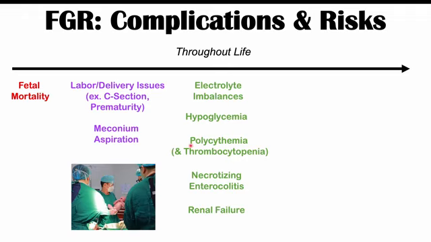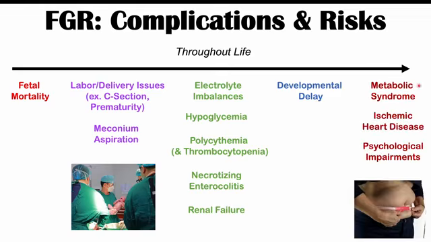We can also see polycythemia and thrombocytopenia. We can also see an increased risk for necrotizing enterocolitis, and there can also be increased risk for renal failure in these newborns. As the patient gets older, there can be developmental delay, there can be issues with cognition, and even later in life, these individuals are at a higher risk for certain conditions.